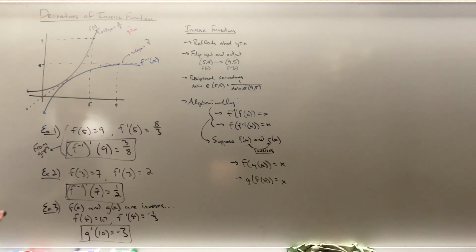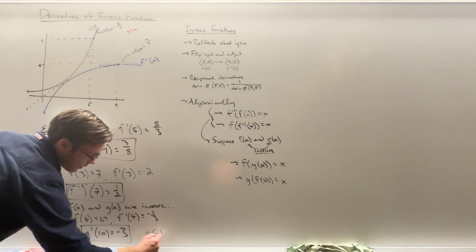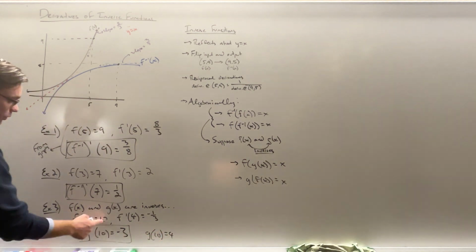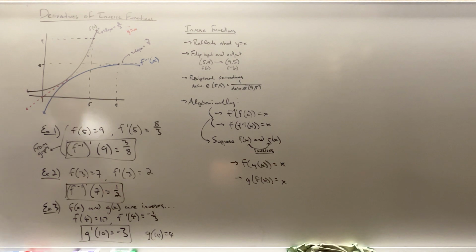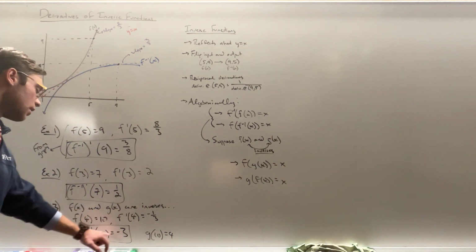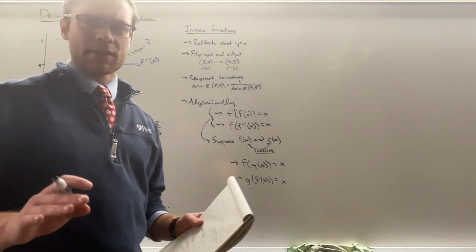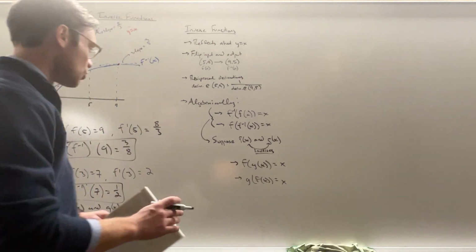The point would be the actual value of g: g of 10 equals 4 because f of 4 equals 10. So you flip them, and at the point (10, 4), which exists on the inverse function, you have a derivative of negative 3. I hope this is making sense so far. It's good stuff we're doing.